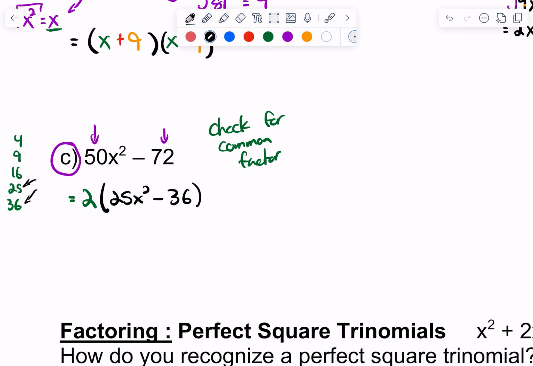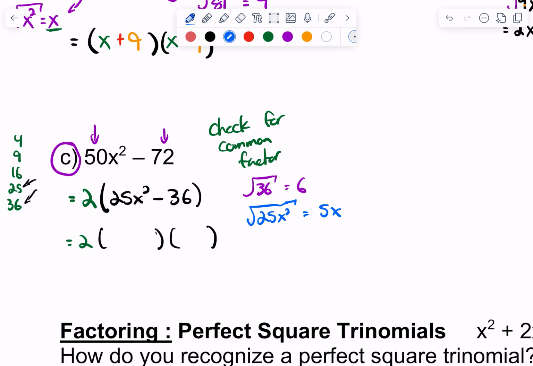Well, what are those squares? Let me just write the next line. 2, brackets. Well, what are these squares? The square root of 36 is 6. The square root of 25x squared, you put the whole first term, is 5x.